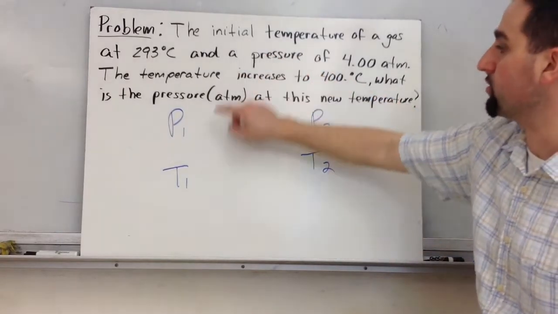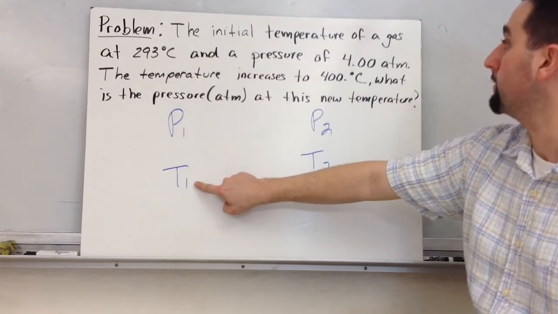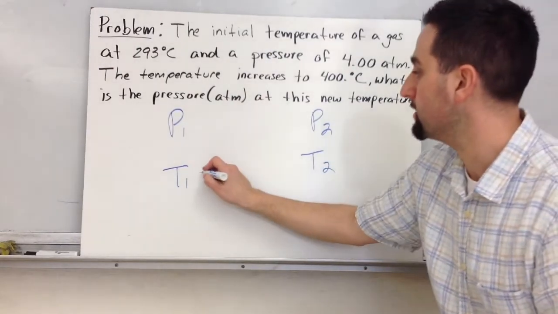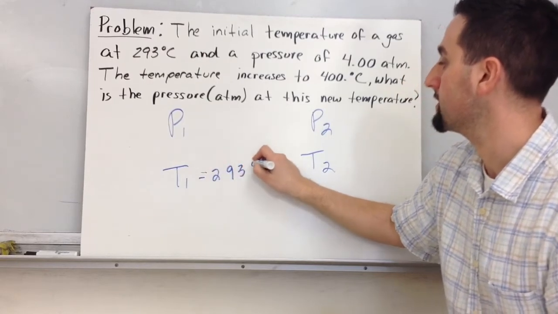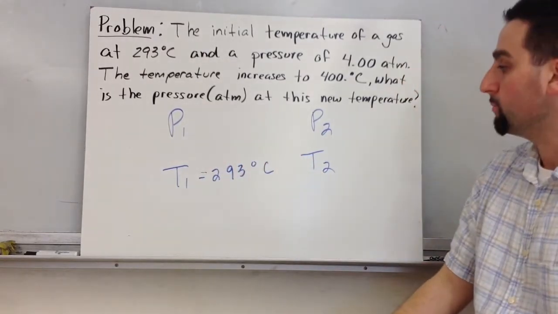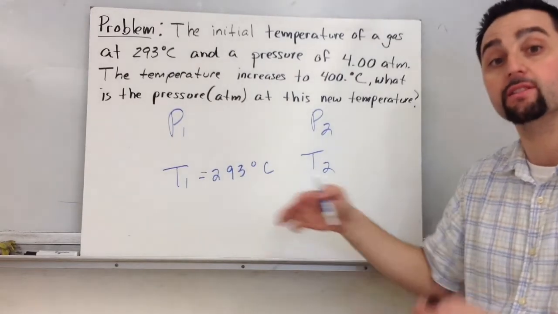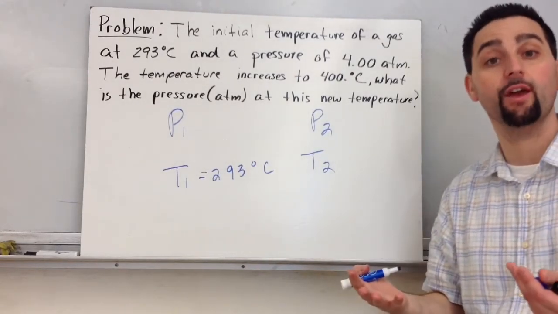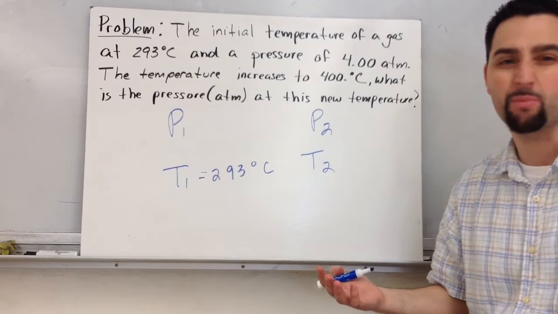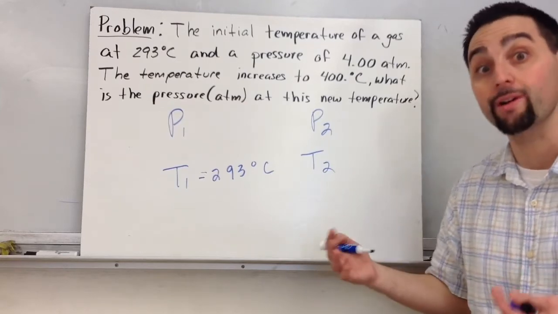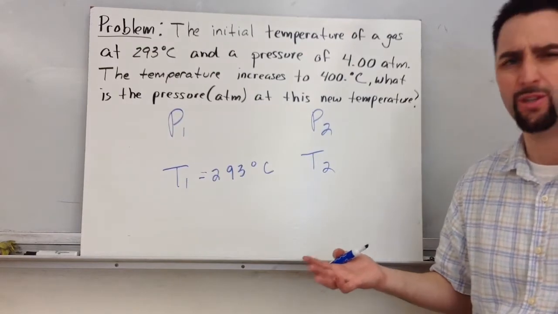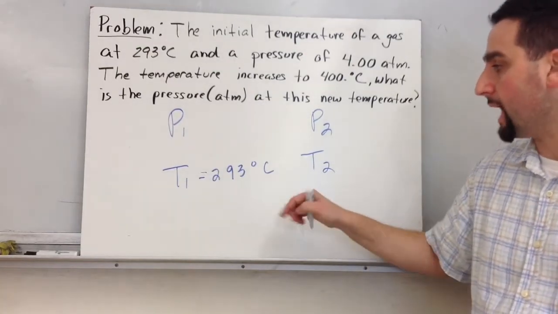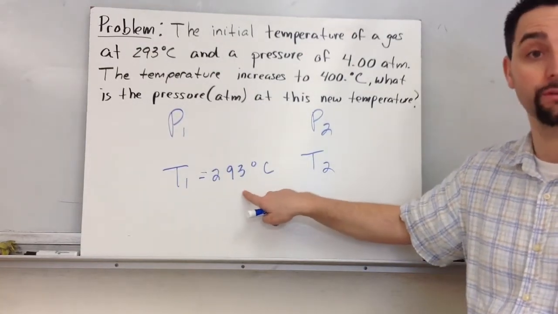So the initial temperature, our T1, is 293 Celsius. But I know I can't leave it like that because we don't deal with the Celsius scale in gas laws, right? Because sometimes we could get 0 or negative Celsius, which is going to give us a negative value, which is sort of strange. So we're going to have to eventually convert this to Kelvin.